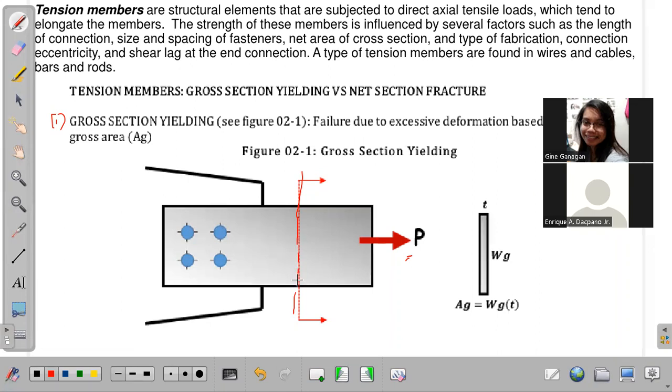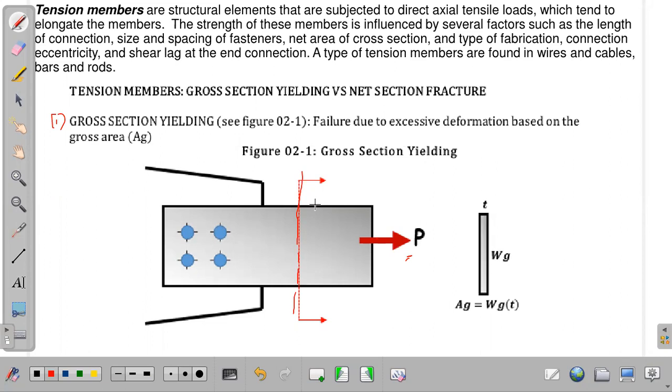So the mode of failure natin should be always perpendicular to the direction of the load, pagka ang pinag-uusapan natin is tension. Okay? And tension is an axial force. So pag ang pinag-uusapan natin ay tension, ang force natin is acting perpendicular to our cross-sectional area.